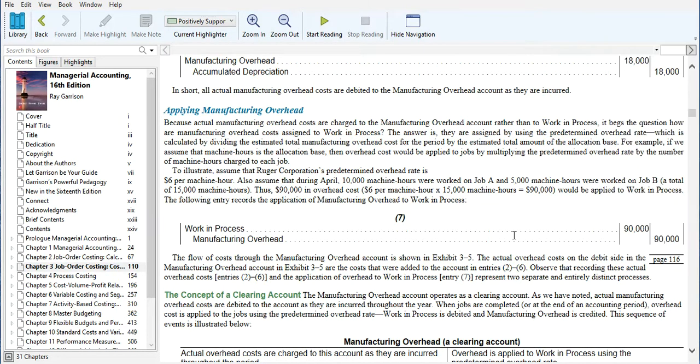This is identified as a cost of the job because we've tracked these allocation-based units and calculated it. So we're applying this overhead into the job.